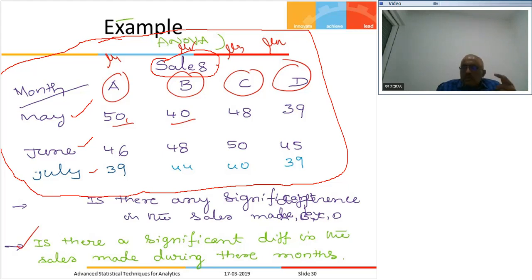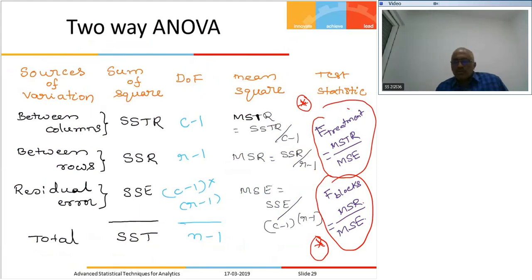If you want, we can take the rows as one problem and solve it, and the columns as another problem and solve it. One is a primary problem and the other is a dual problem. In such scenarios, we take the help of two-way ANOVA.